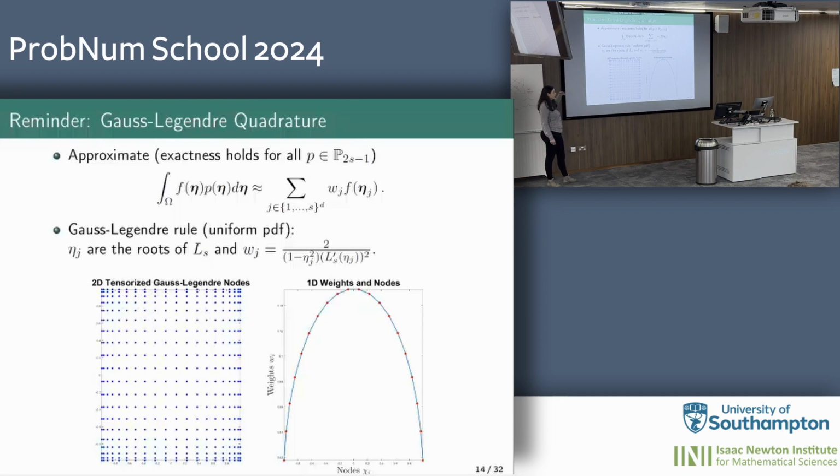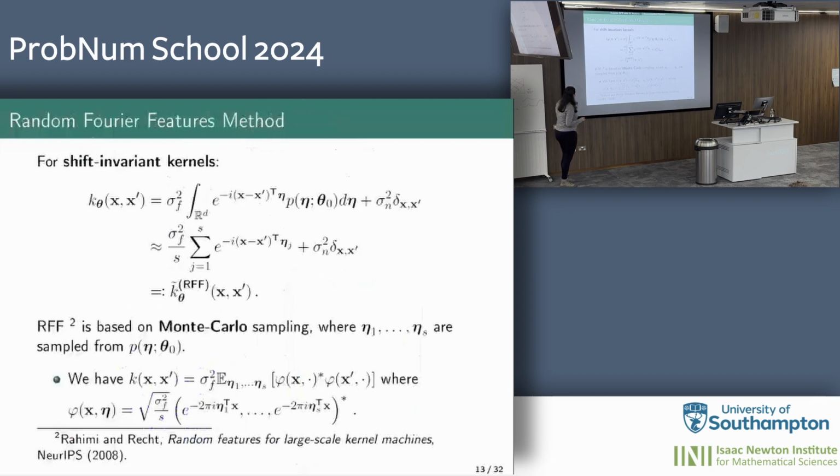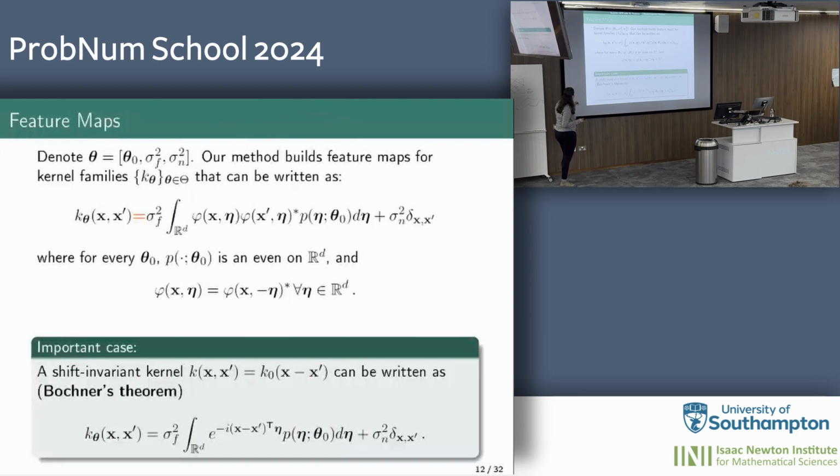The reason I want to use that is, let's go back for a moment. I want to be able to approximate a really rich family of kernels. I don't want it to be just Gaussian, for example, or just kernels that are shift invariant.